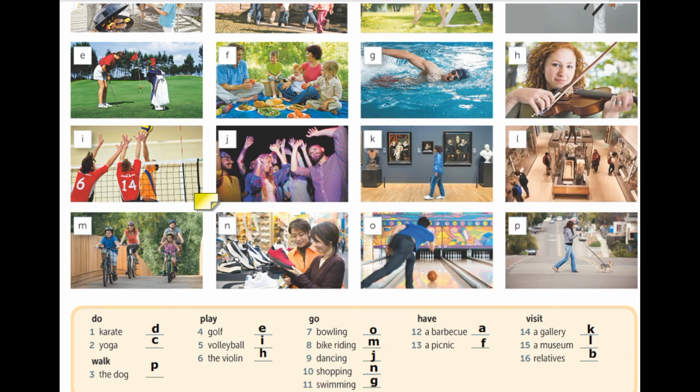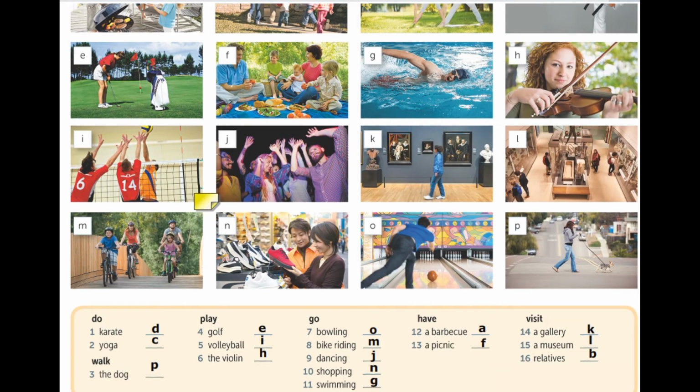And number 8, it's letter M. As you can see, all the family is in the park bike riding, or you can say they are going bike riding, right? In number 9, that is letter J, you can say the group of friends here are having fun and they go dancing every Saturday, or you can say they dance every Saturday.